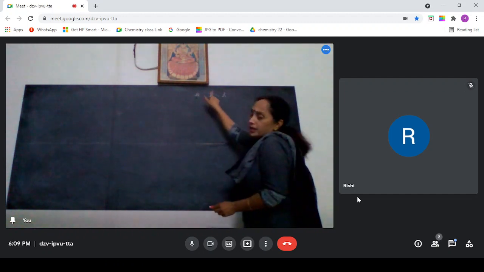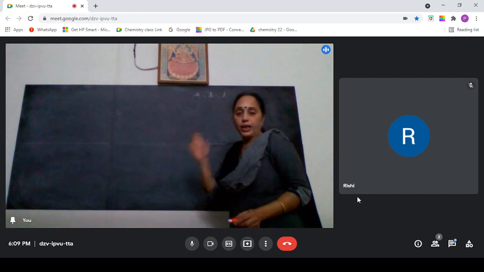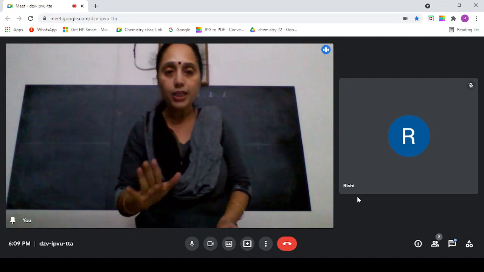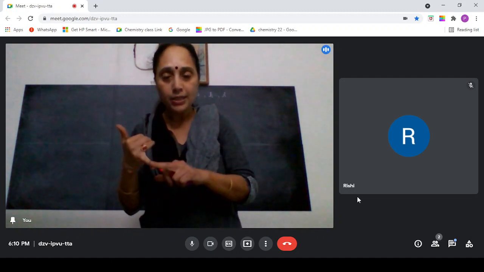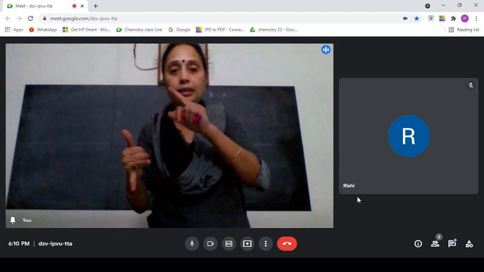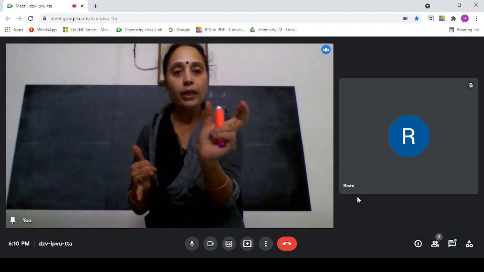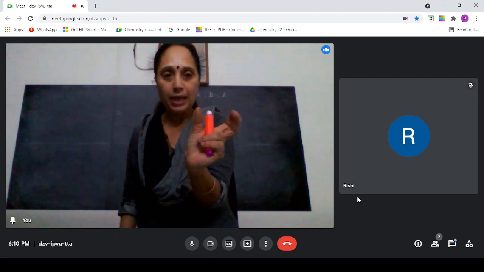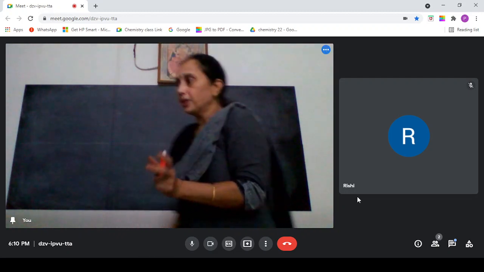This is very important. You have to know the relationship between the radius of the sphere, D, and edge length.